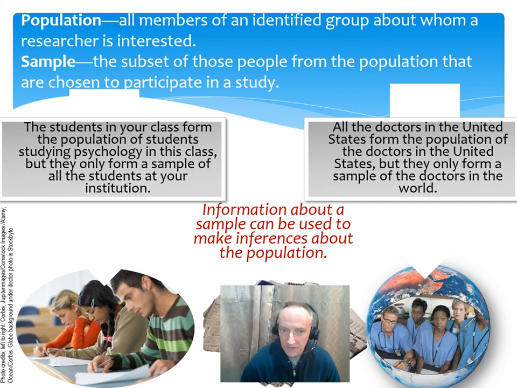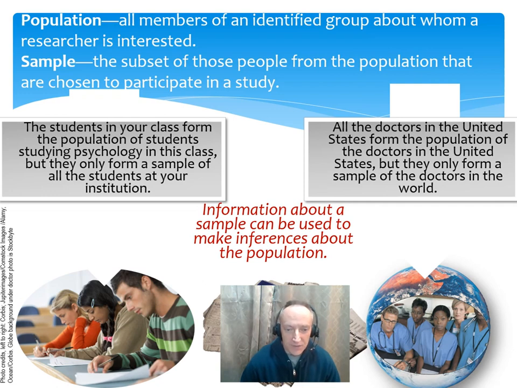Now, obviously, I can't gather data on all of those students if we consider every single college in the United States. So we take a sample. We take some members of that population to gather our data from.